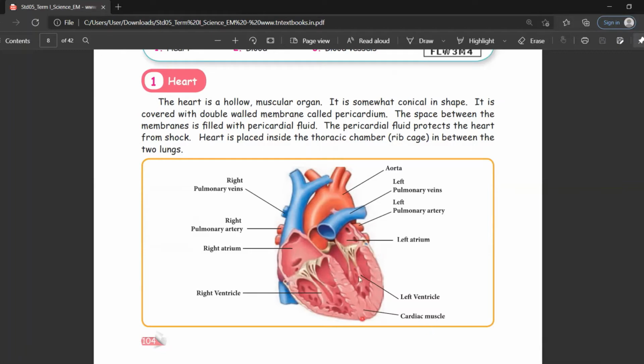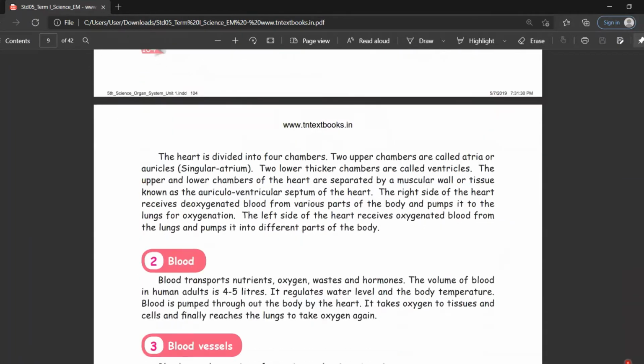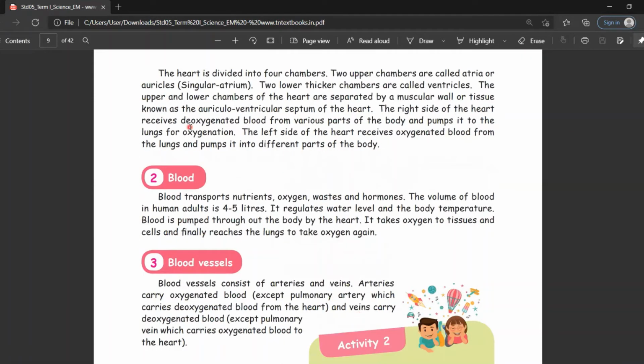This is the structure of heart, children. The heart is divided into 4 chambers. 2 upper chambers are called atria or auricles.